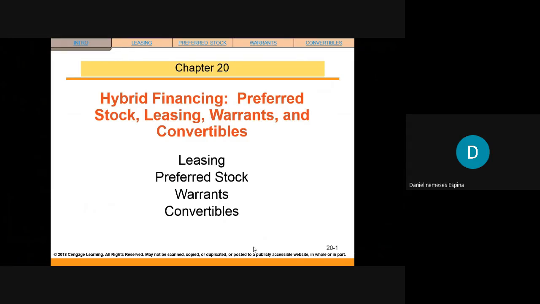So, before we discuss the hybrid financing, we recall that we have already identified two types of financing. So, it could either be a liability financing or debt financing, or through equity financing.